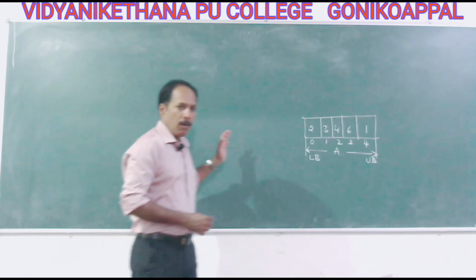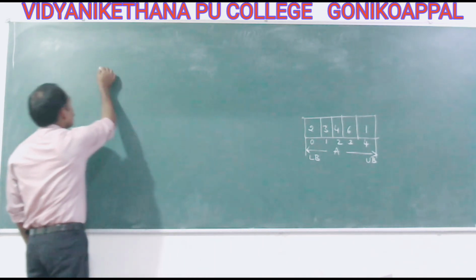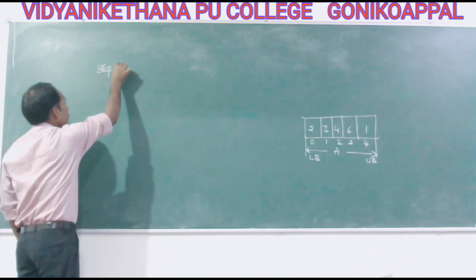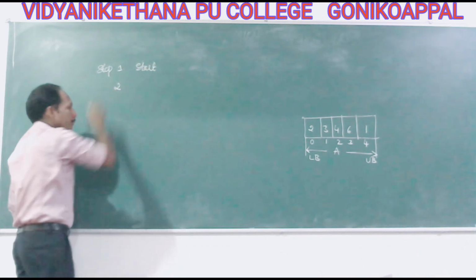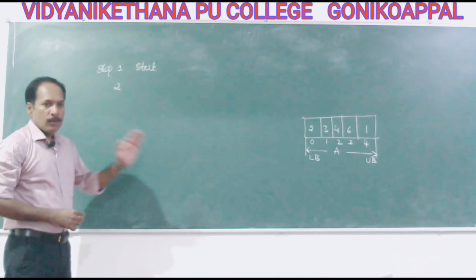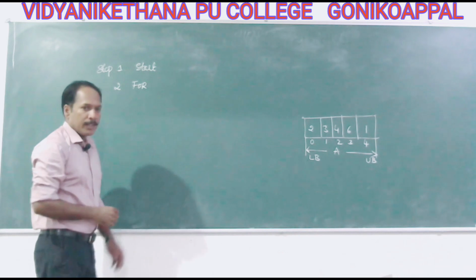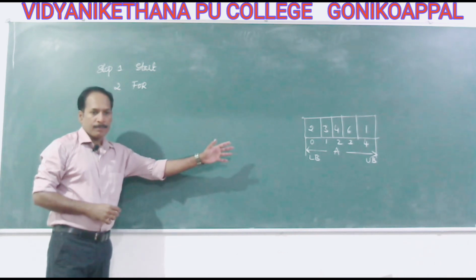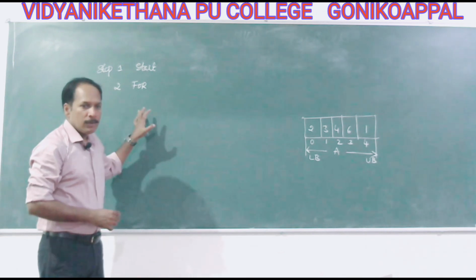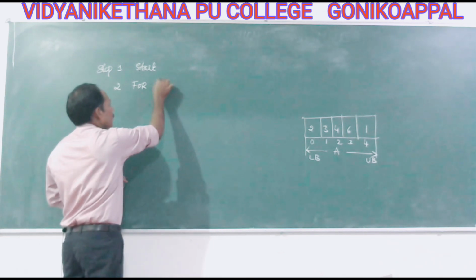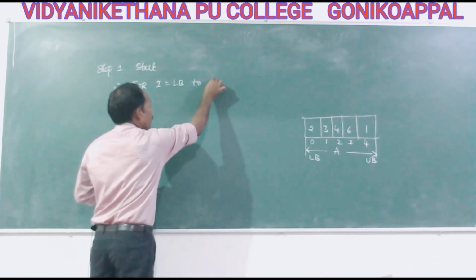So let us write an algorithm for how to traverse through this array. Step 1, start. Step 2, we have to traverse from lower bound to upper bound. Let us take a for loop, because I know in advance how many elements there are, so I have to repeat the process of visiting each element. Here I am using the for statement. I start from the lower bound subscript till the upper bound.